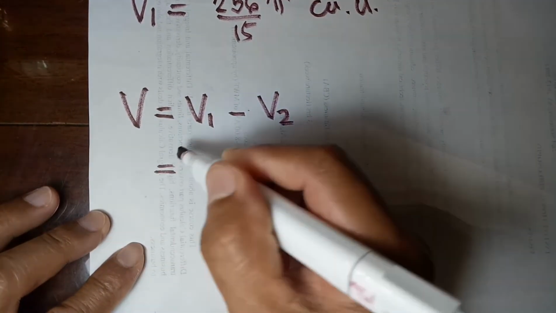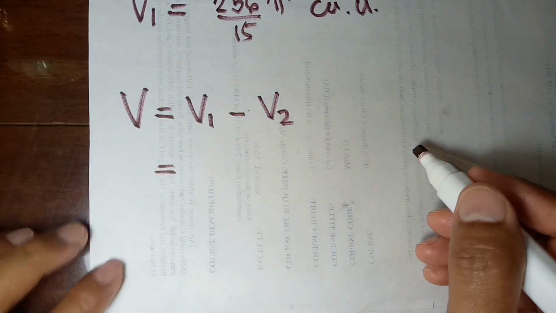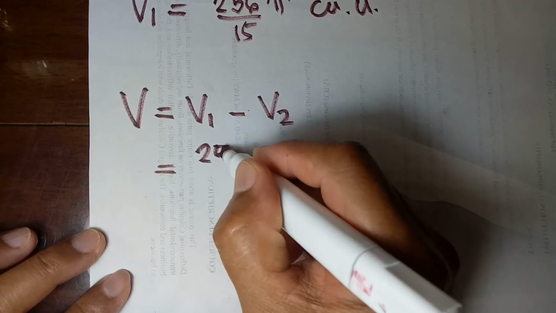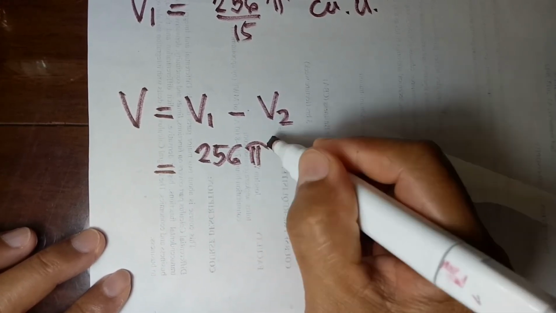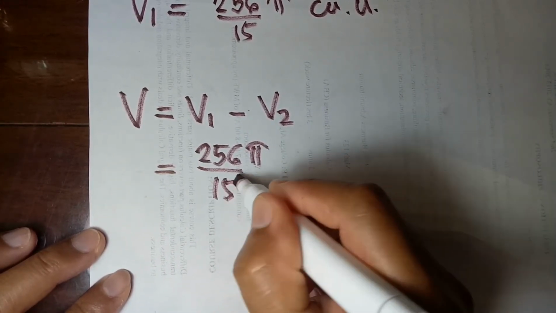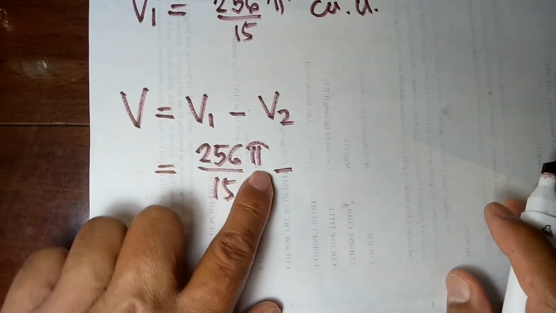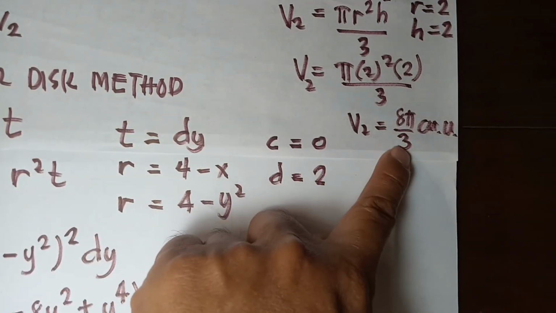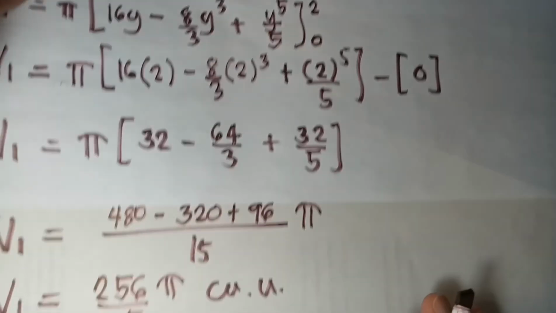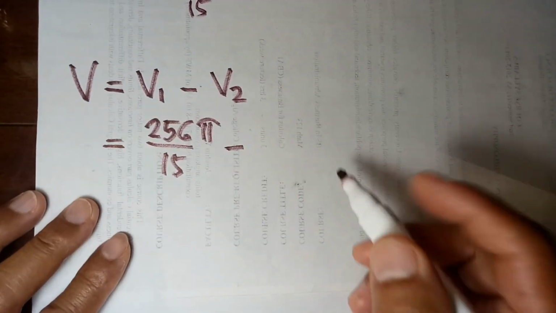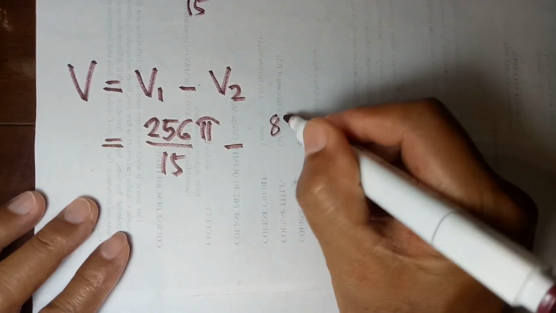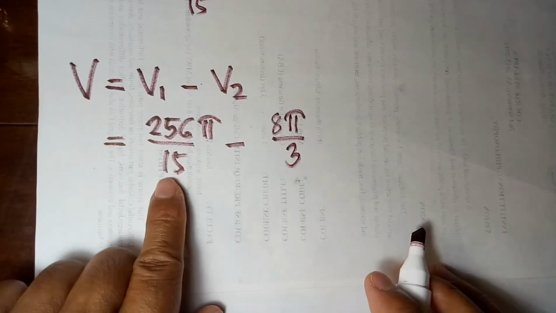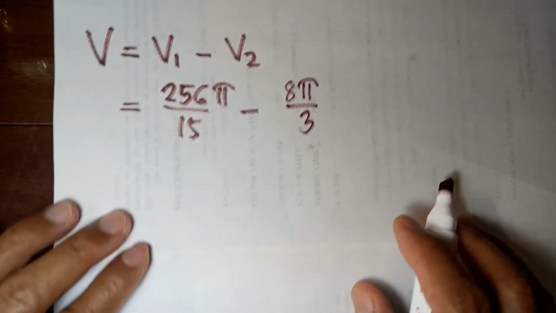Ayun, yung volume 1 natin equals sa 256 pi over 15. And then minus volume 2. So yung volume 2 natin by formula, ang nakuha natin ay 8 pi over 3 cubic units. So minus 8 pi over 3 cubic units.